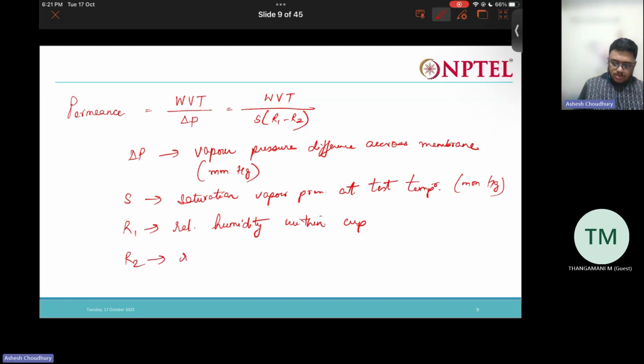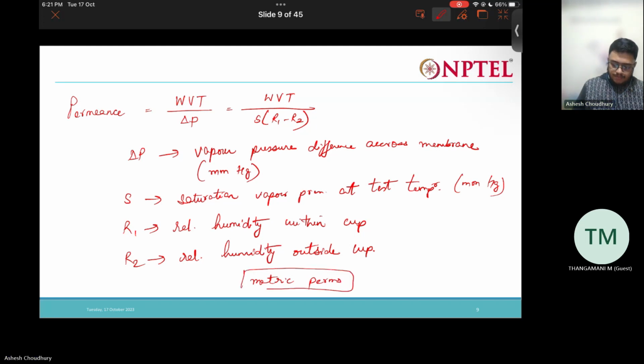R2 is the relative humidity outside the cup. This is one property, that is permeance. The unit of permeance is metric perms.